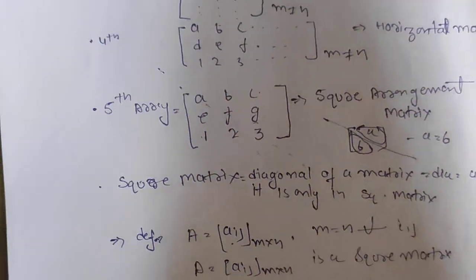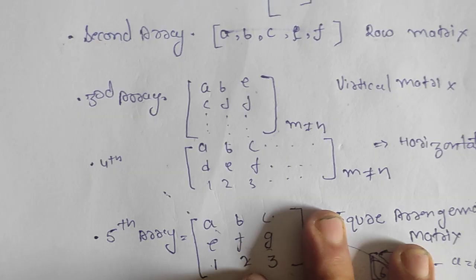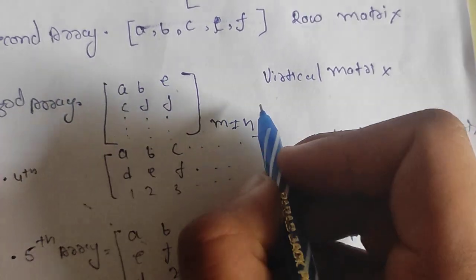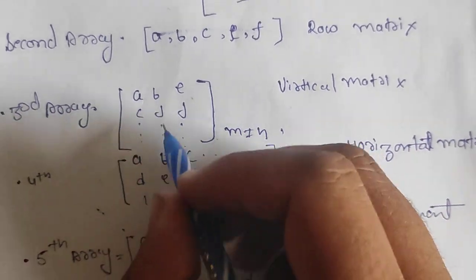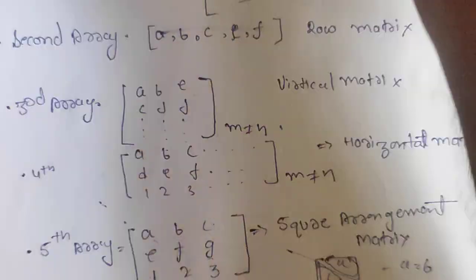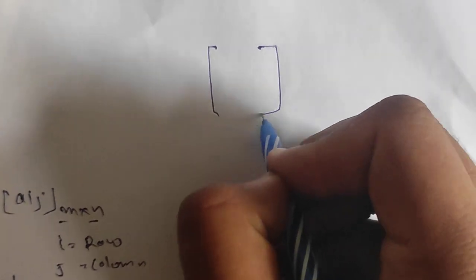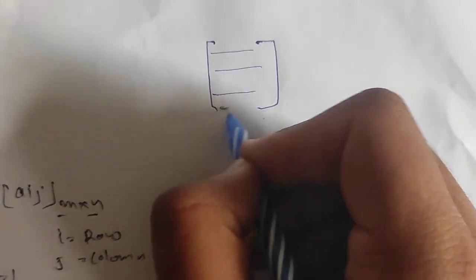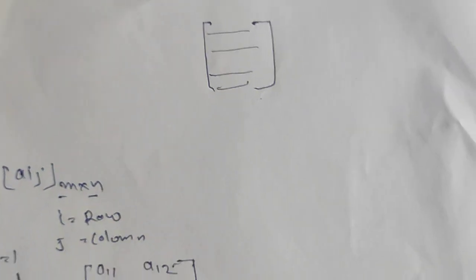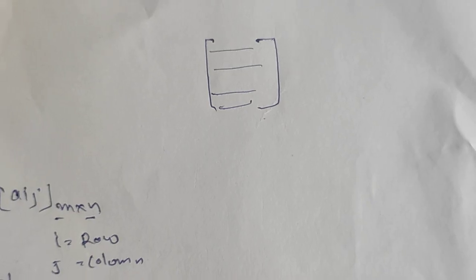Okay, and some facts about the vertical matrix. So why do we say that it is a vertical matrix?